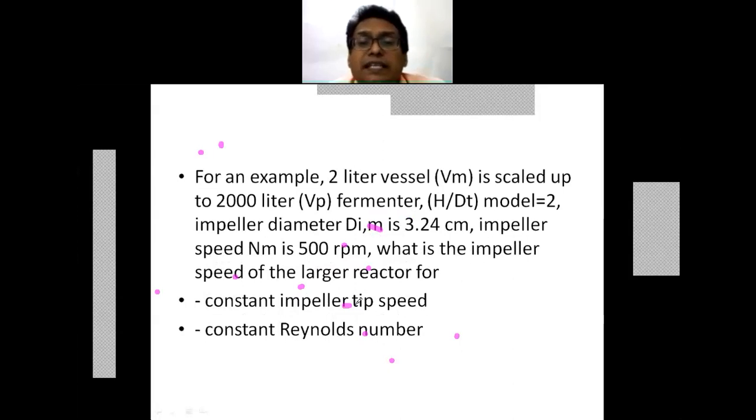Now we will see the same numerical with the dynamic similarity. The same vessel, a 2-liter vessel volume, is scaled up to a 2000-liter volume for the fermenter.